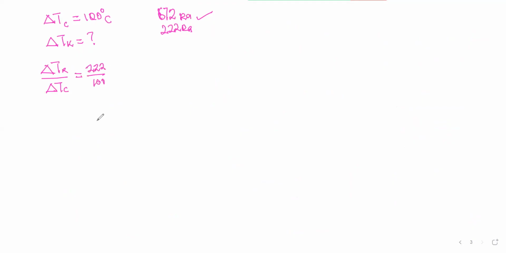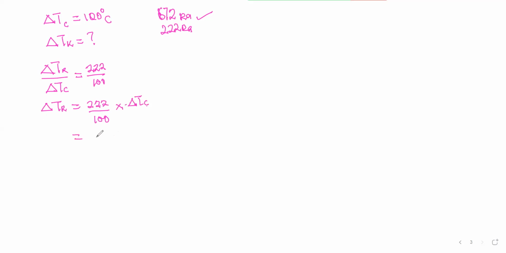Or it's a lesser fractional form. The choice is yours. So I'm giving a change in temperature of 100 to find the corresponding change on the Rankine scale. So this is 222 over 100, also the same as 2.22 times delta TC.